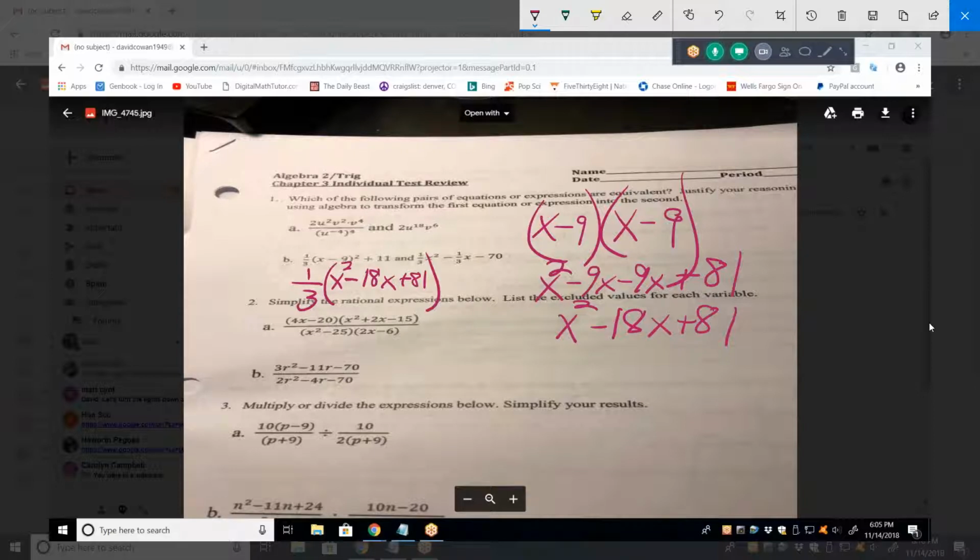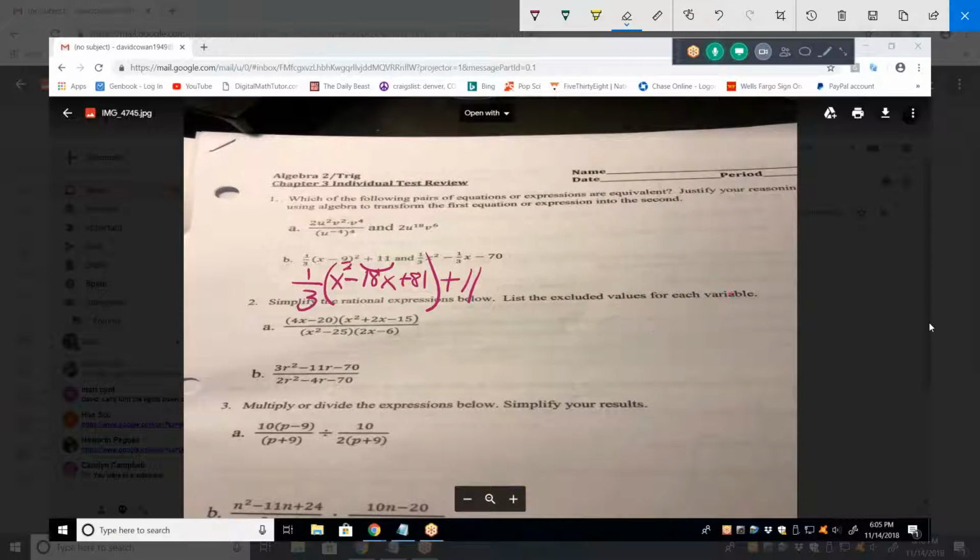Now distribute. Oh, plus 11. I don't want to forget that plus 11. Should be easy enough after the next step to tell whether these two things are identical or not. What do you get when you distribute?